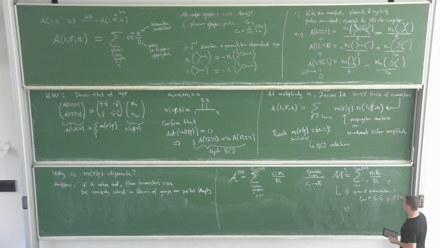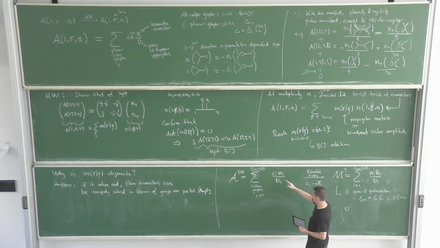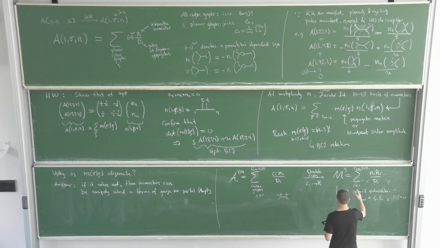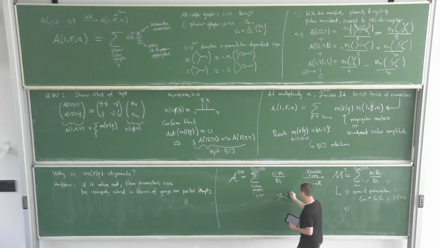Second property is that if this was Yang-Mills, we know that Yang-Mills has graphs which have a one derivative interaction, like the cubic Feynman rule has one derivative. And if we're squaring the numerator which carries these derivatives, we should expect something which has two derivative interaction, right?